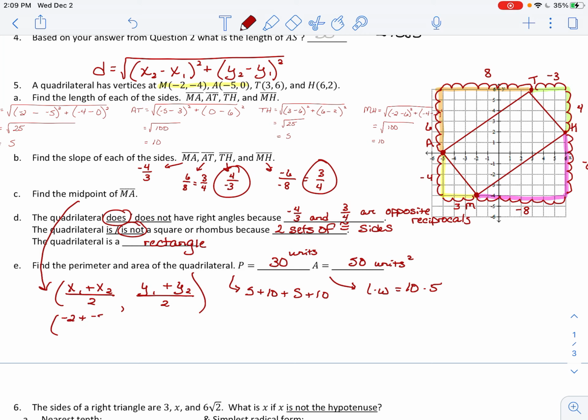So I will add negative 2 and negative 5 and cut it in half. I will do the same thing for the y coordinates. Add the negative 4 and the 0, cut it in half. So I'm going to get half of negative 7 and half of negative 4. You could leave it as negative 7 over 2, that would be correct, or just negative 3.5, negative 2, just an equivalent form of the same thing.